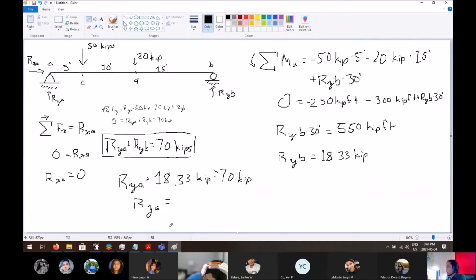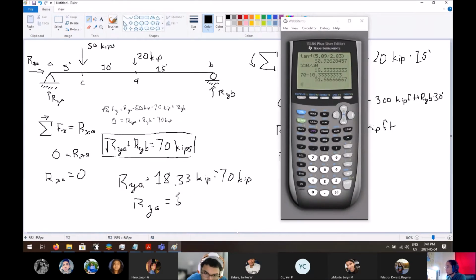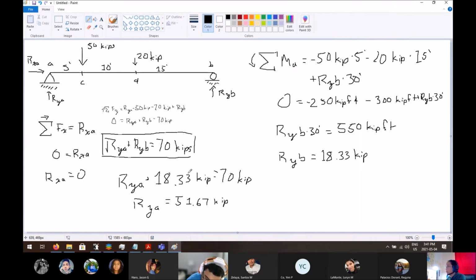RYA is equal to 70 minus 18.33, which is, no mental math, 51.67 kips, right? Does that all make sense? Yeah. All right, fun stuff.